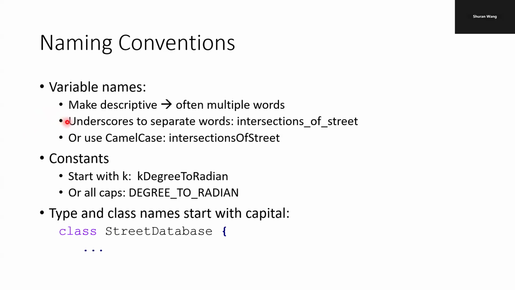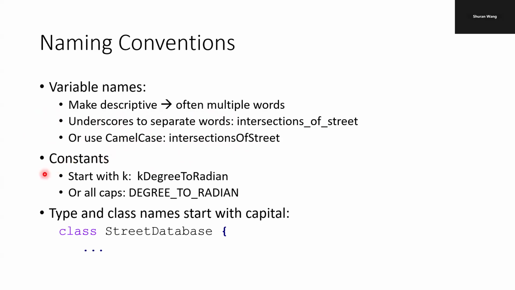Within your group, discuss whether you want to use underscores to separate words or use camel case. This should be universal within your code, all the code you write. You should either use underscores or camel case.